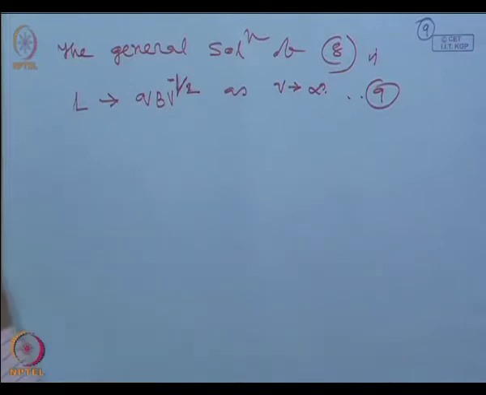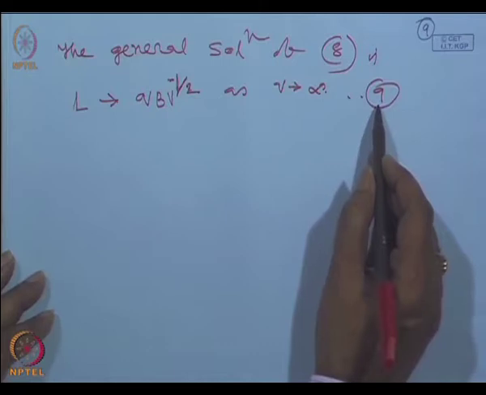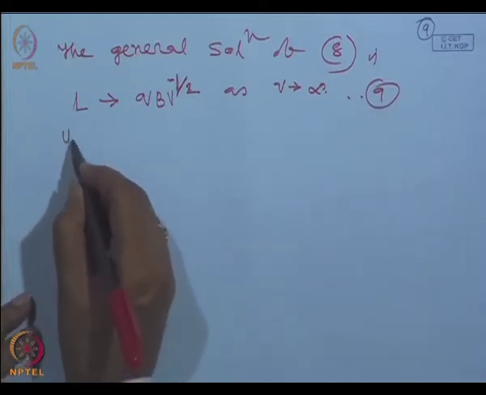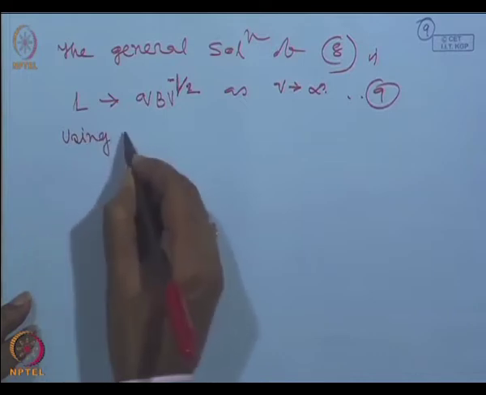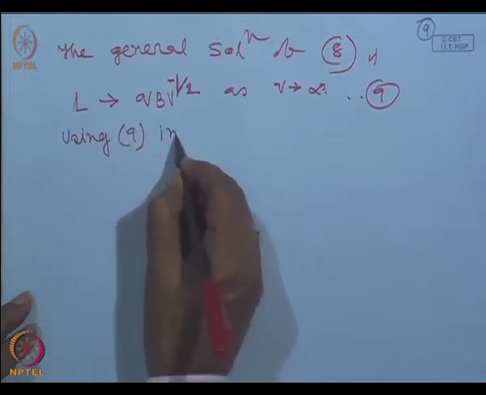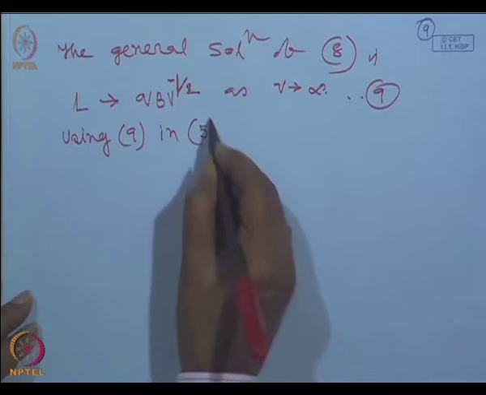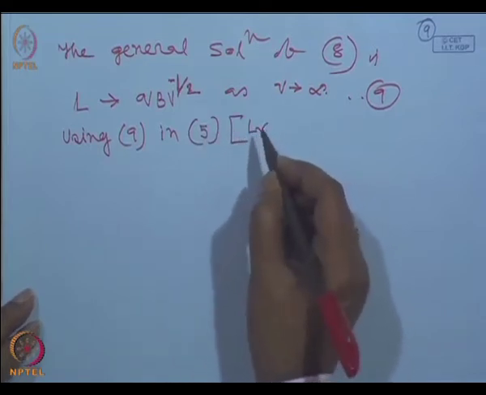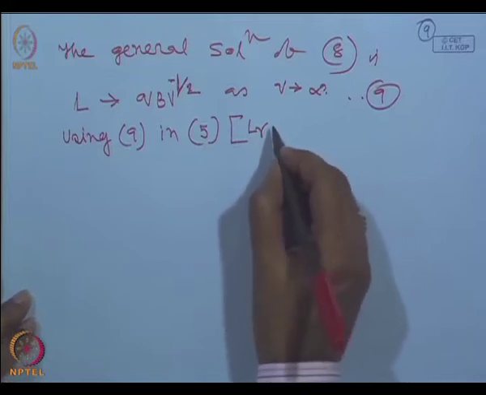So, substituting using this value 9, using equation 9 in 5, the loop gain expression of the LQG expression.